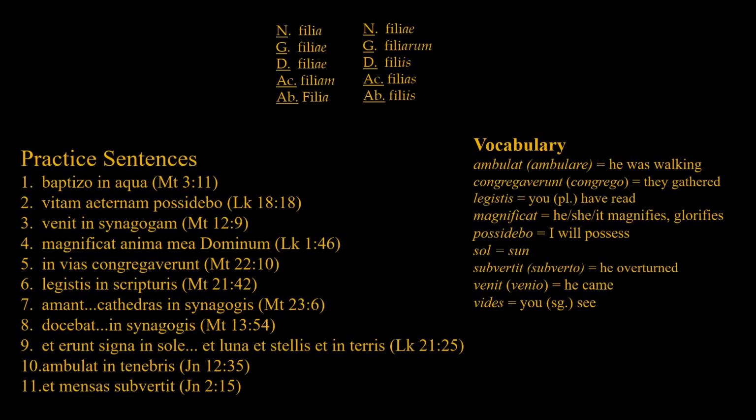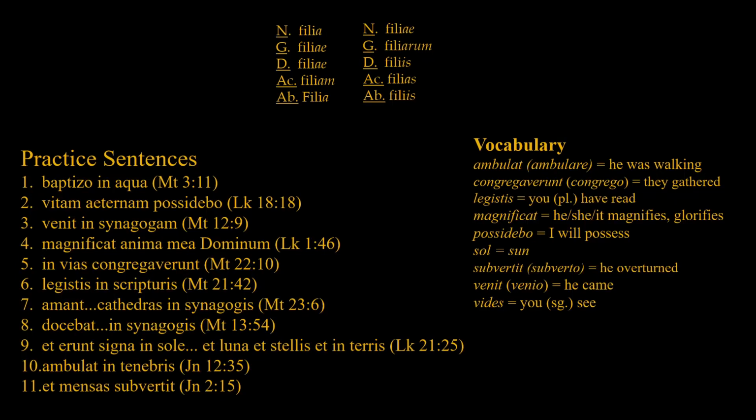Venit in synagogam. So he came in, we would translate that as into the synagogue. He came into the synagogue. Synagogam, accusative case, the synagogue is receiving the action of being walked into.